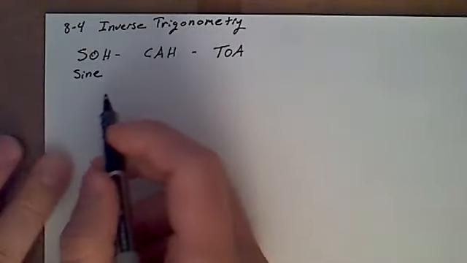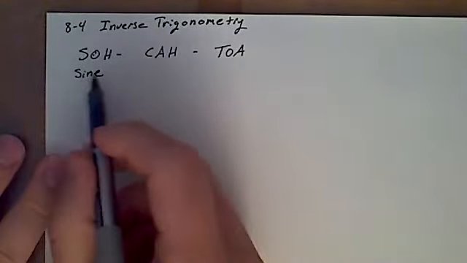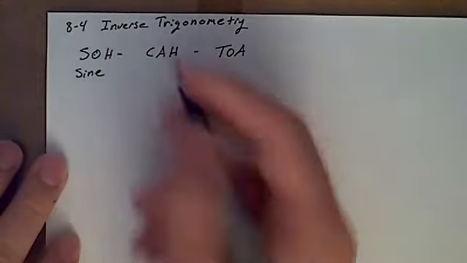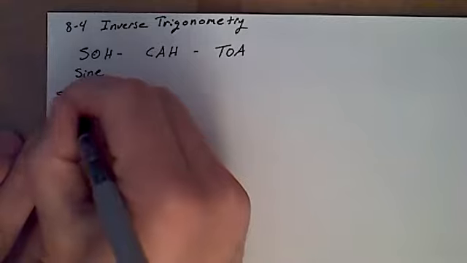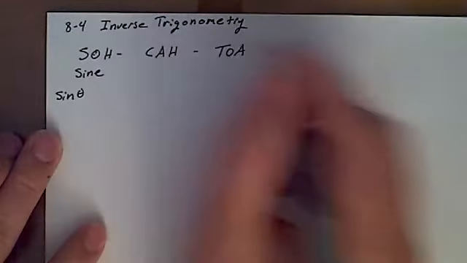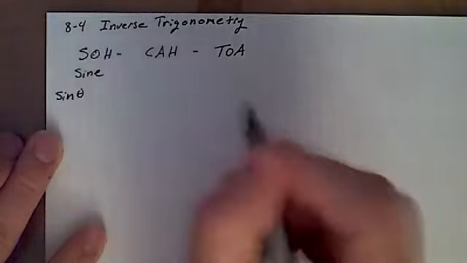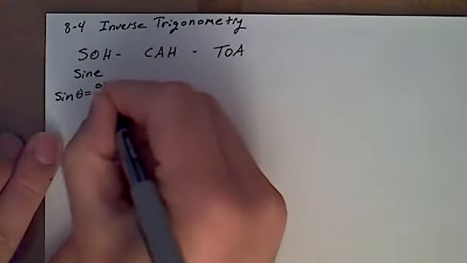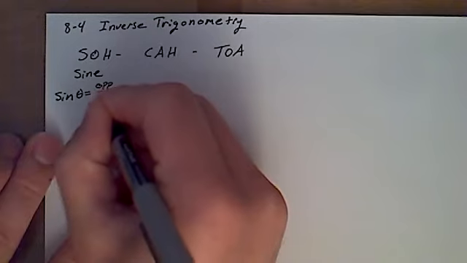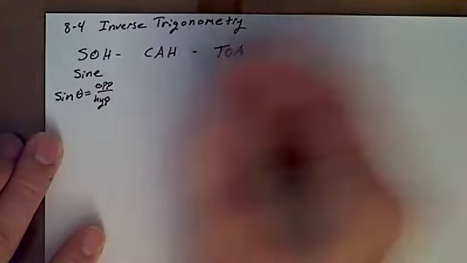But most of the time when we use it, we use S-I-N, but we still call it sine. So SOH is the sine of some angle, I use theta, is the opposite over the hypotenuse, right?